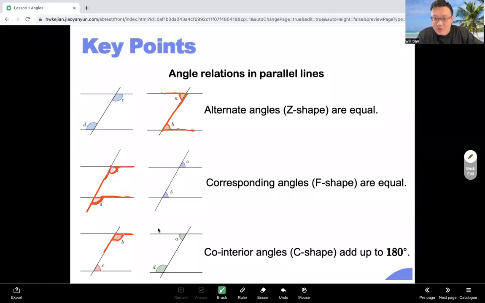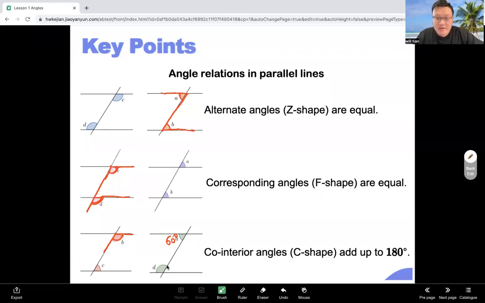But what's the relationship between them, guys? For example, if I tell you this angle A is 60 degrees, can you tell me the measure of angle D directly? It's going to be 120. Very good. It's 120. So you see that these two angles add up to 180 degrees, right?